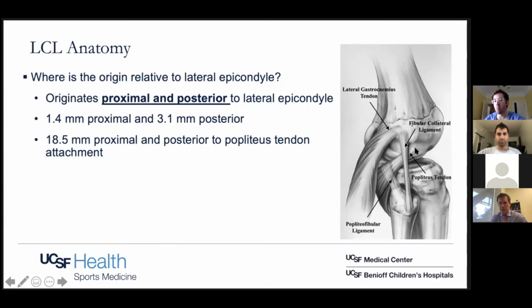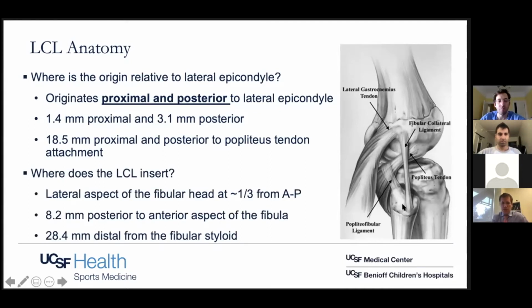So popliteus here, and then we go proximal, posterior, and that's the LCL. And then the LCL inserts on the lateral aspect of the fibular head, about 1/3 from anterior to posterior. This is our most anterior structure on the fibular head, and it's 8 millimeters posterior to the anterior aspect of the fibula. And then from the fibular styloid, about 28 millimeters distal. So it's not up on the tip, but kind of on the side right here.